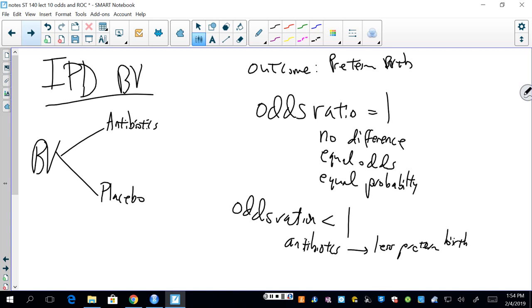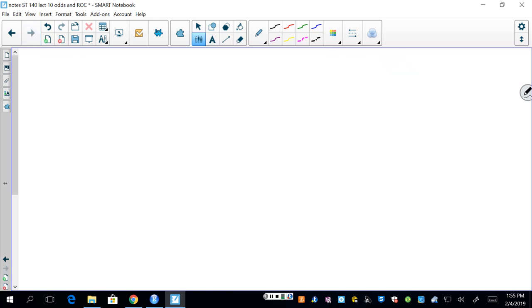We're going to define two other things that get used in studies, that deal with conditional probabilities. Two other probabilities that get reported with medical studies in particular.